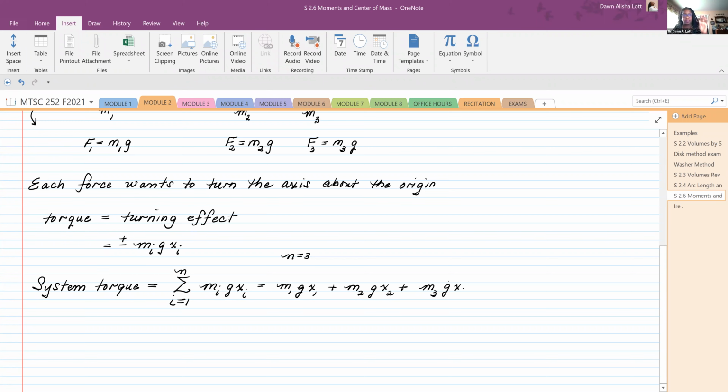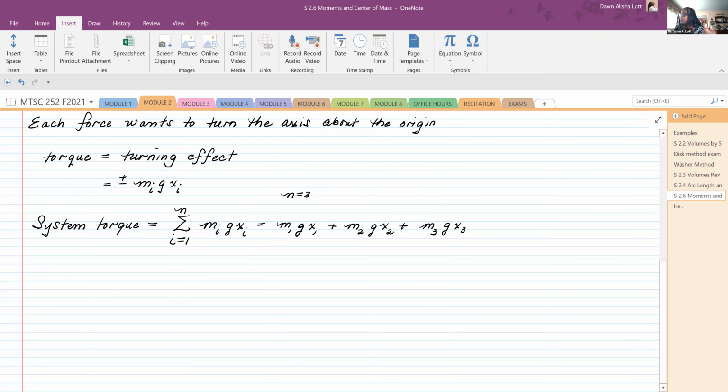So far I have not done anything difficult. Okay, so I can pull g out because g multiplies everything. So I get g times m1 x1 plus m2 times x2 plus m3 times x3 as I factor g out. Okay, and this thing becomes the moment about the origin.